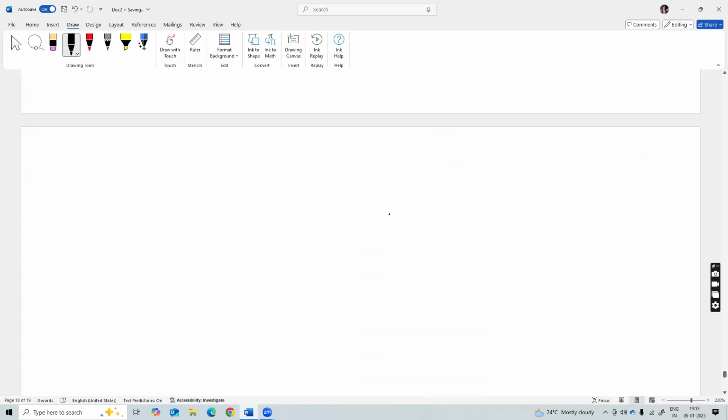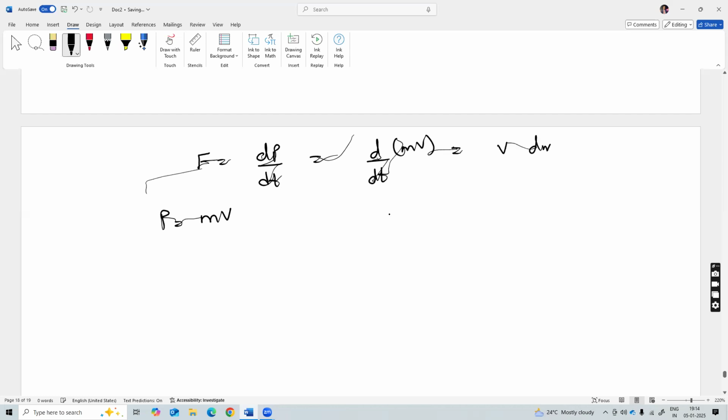We know that F is equal to rate of change of momentum, and momentum P is equal to mass into velocity. So this becomes d/dt of mv. If you differentiate this, you will get v dm/dt plus m dv/dt. This will be the force required to keep moving that conveyor belt.